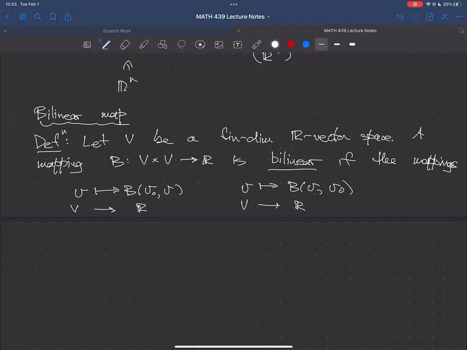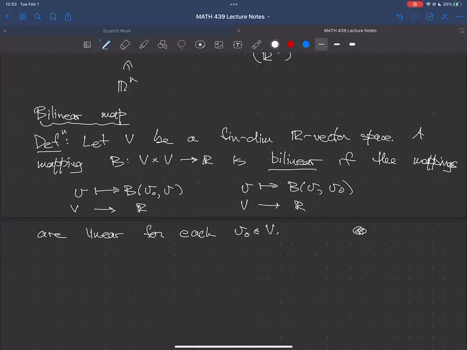So if these mappings are linear for each V0 and V, the idea is very simple. I take V0 and I fix it, and then I consider the mapping which sends V to that, and that mapping is linear, and then similarly for the other entry. So that's what a bilinear mapping is.